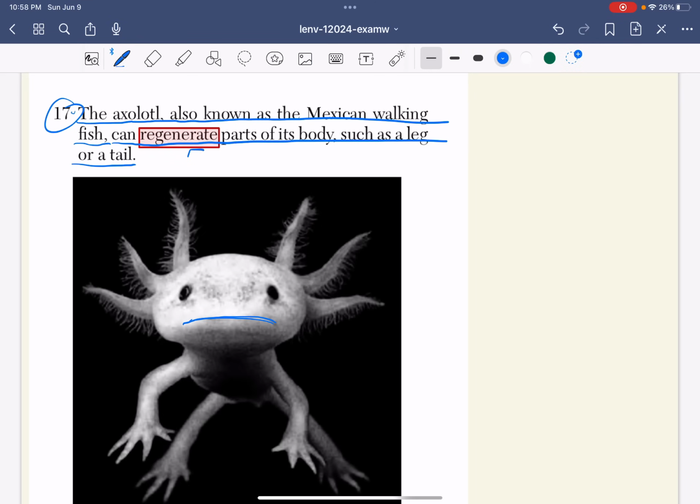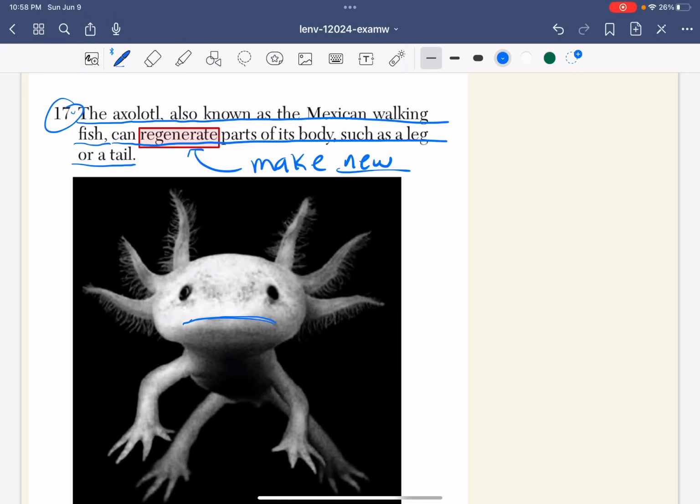What is regenerate? Whenever I highlight these words, please don't ever be ashamed of not knowing what they are. A lot of times we don't know simple words, or what we think is supposed to be simple, and we just forget the meaning. Regenerate is to make new. So make new parts. One of the first types of organisms that people think about when animals regenerate is lizards.